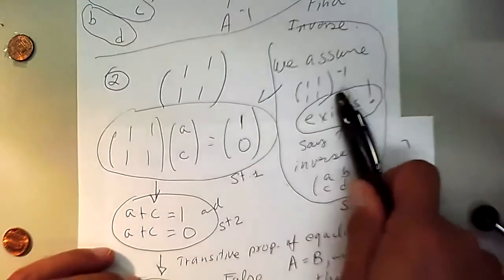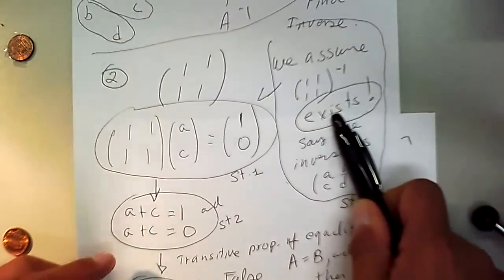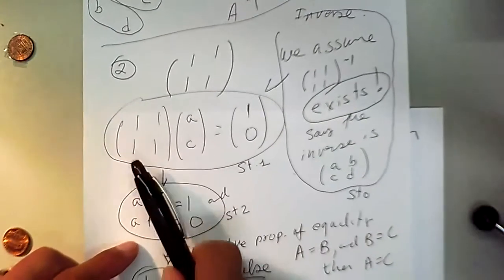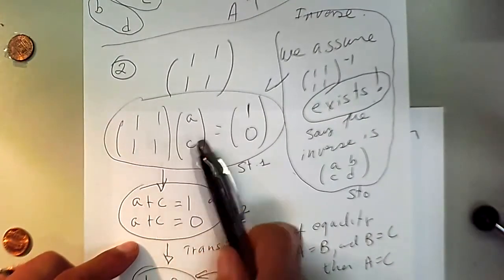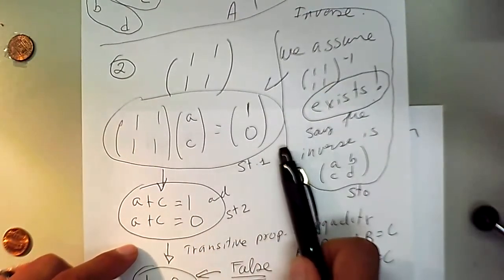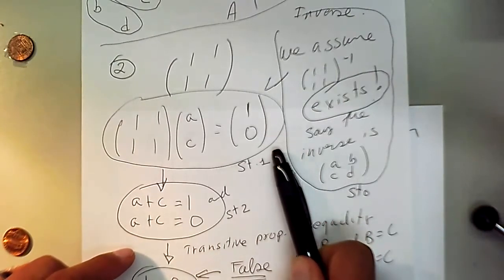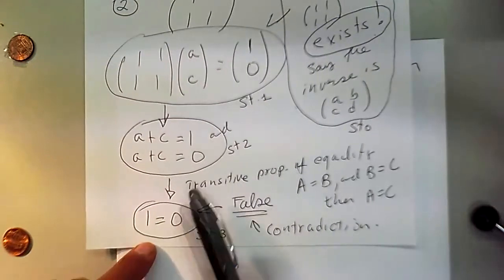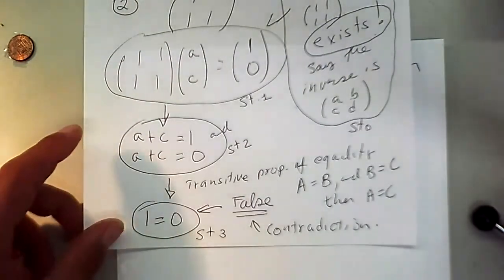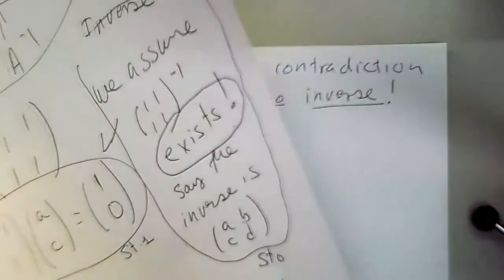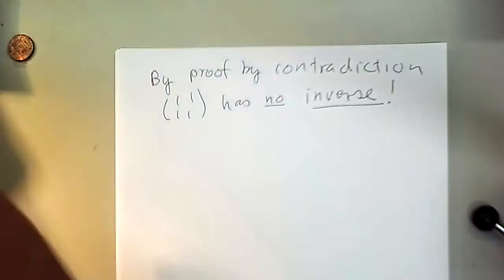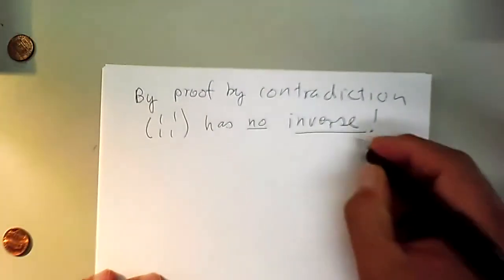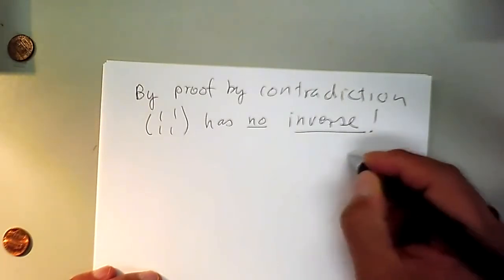So that cannot happen. It is not true. Now, you don't have to show that the second column also fails to appear. All it takes is one contradiction. As soon as you get to one contradiction, you're done. That's the proof by contradiction. So we're finished with this. This is the end of that.